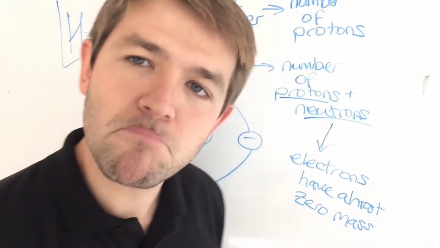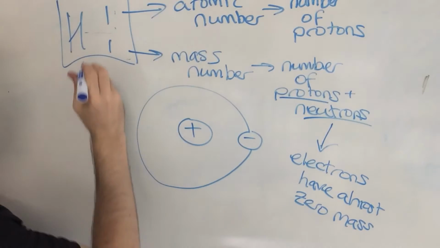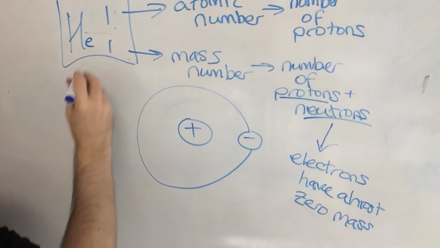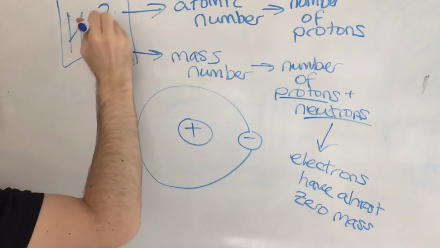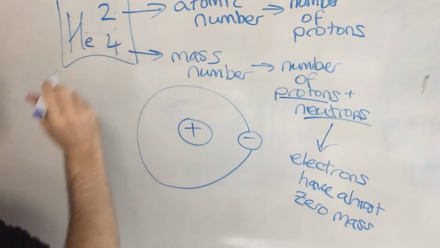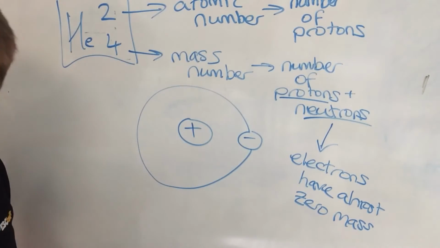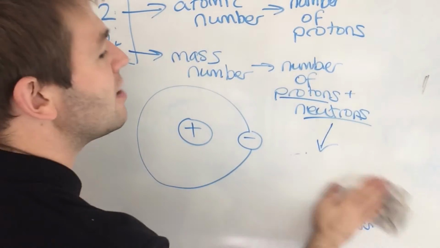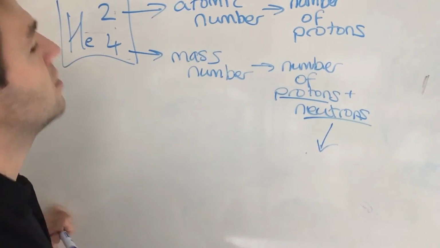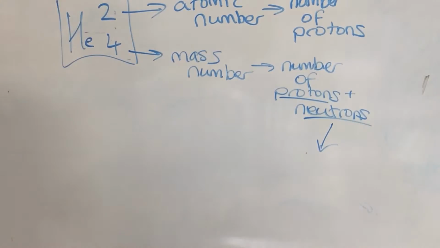Let me take another atom. Let me go up from hydrogen to helium. And this has an atomic number of 2 and a mass number of 4. If I was drawing this one here, I would need to do some bit of maths. Just some simple maths.